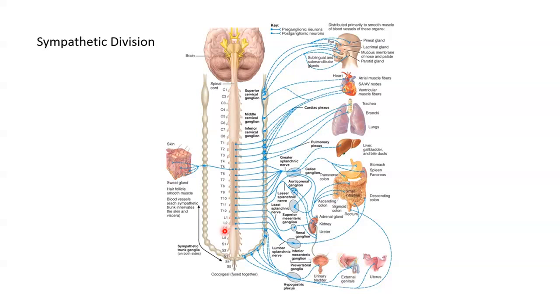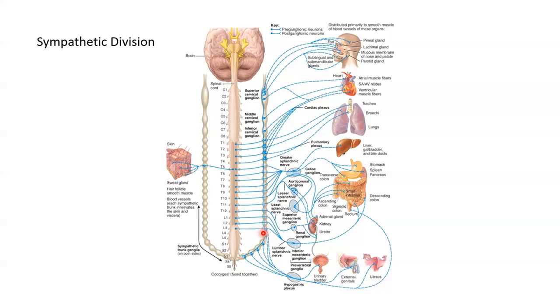In our sympathetic division, the ganglion, so where our pre and post ganglionic neurons will synapse or meet, is found really close to the vertebral column. So the ganglia in pathways that innervate the effectors above the diaphragm. So the diaphragm is that muscle that sits below your lungs and helps you breathe.